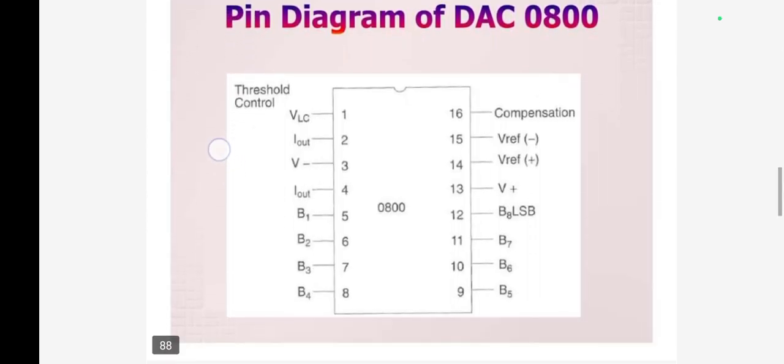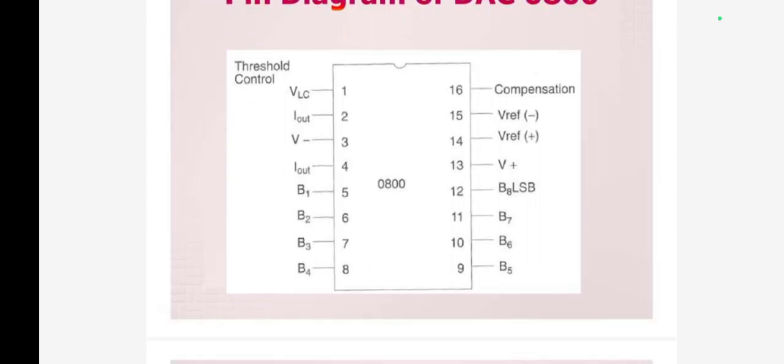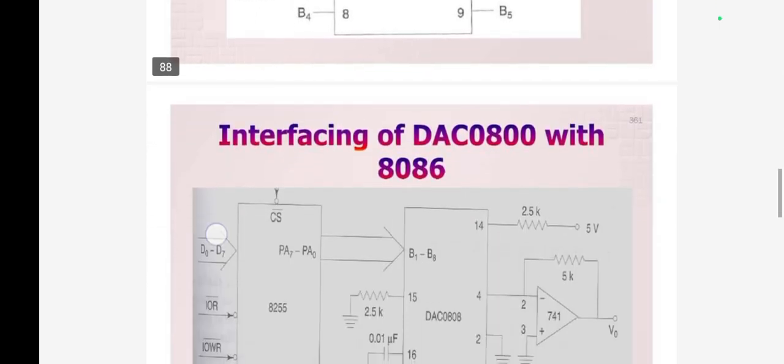It is a 16-pin IC where we can see the pins are Vin, I-out, VLC, and B0 to B7, V plus, reference voltages and compensation.